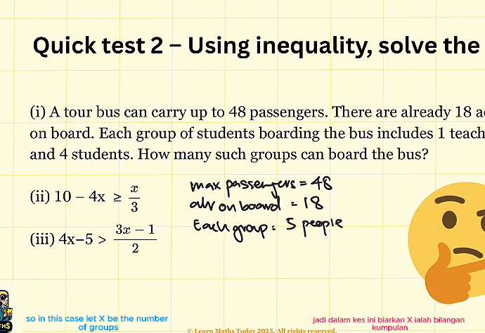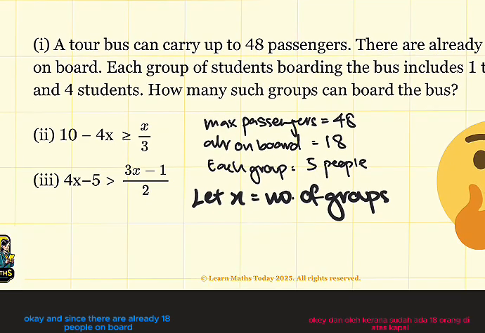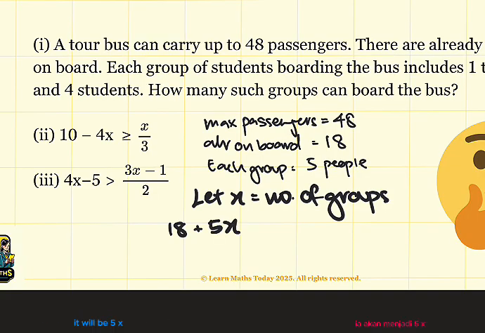So in this case, let x be the number of groups. Since there are already 18 people on board, and with x number of groups with 5 people in it, it will be 5x. And the bus can only carry up to 48. It cannot be 49. So you have to put less than or equal to 48.